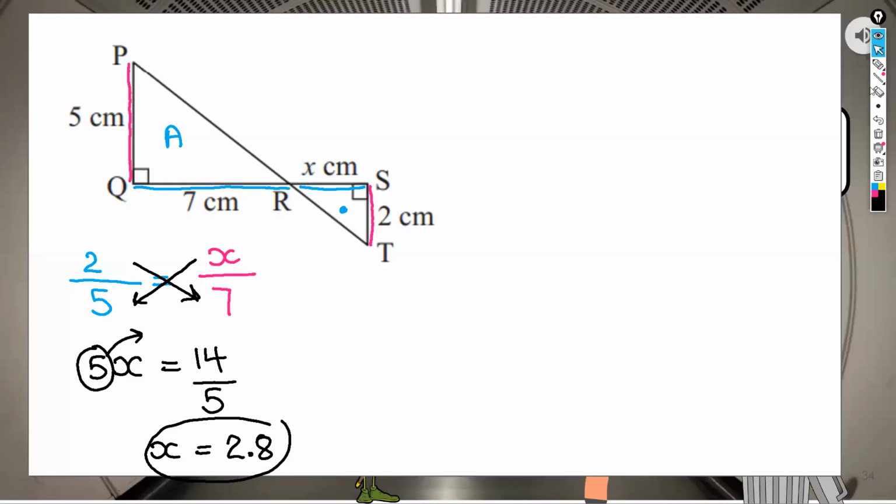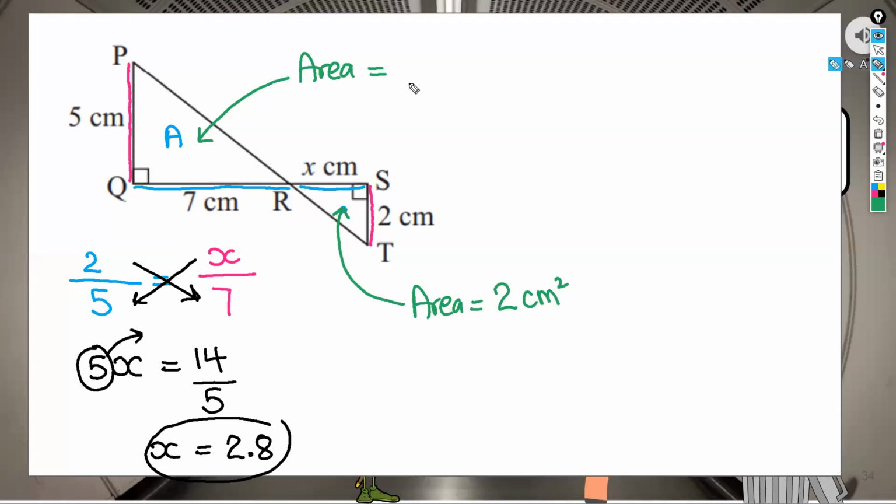All right. So let's say, for $1 million fake dollars, the area of the smaller triangle is 2 centimeters squared. Find the area of the larger triangle. Remember, the area of the small one is 2, multiplied by... look at this side.